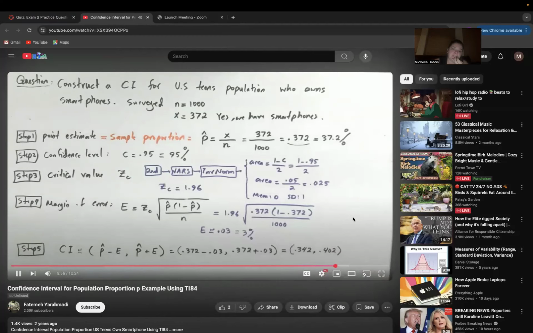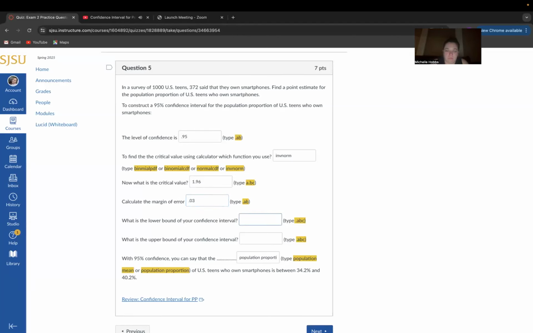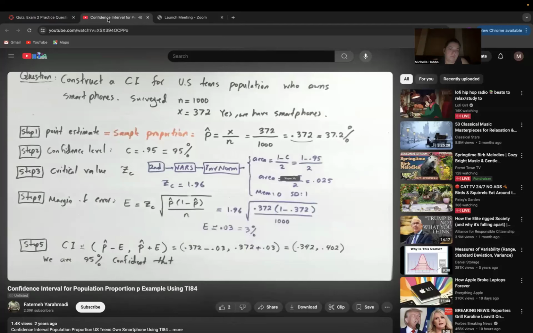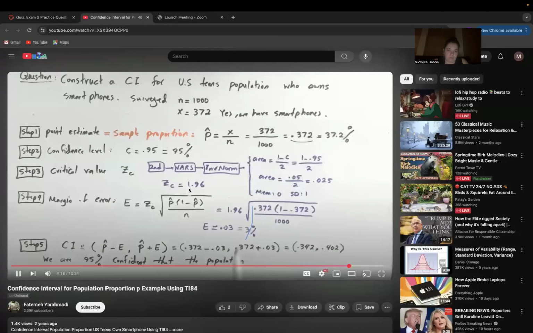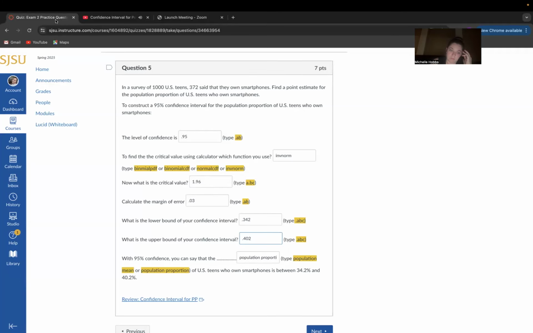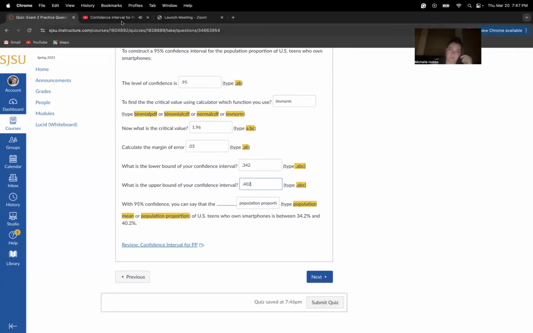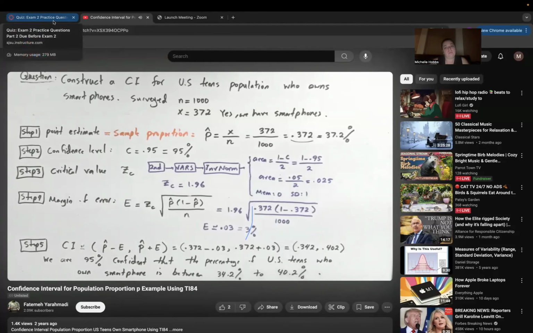0.402. In our final report to the boss, they're going to say that, hey, we are 95% confident that the population proportion, the percentage of US teens who own smartphones, is between 34.2% to 40.2%.